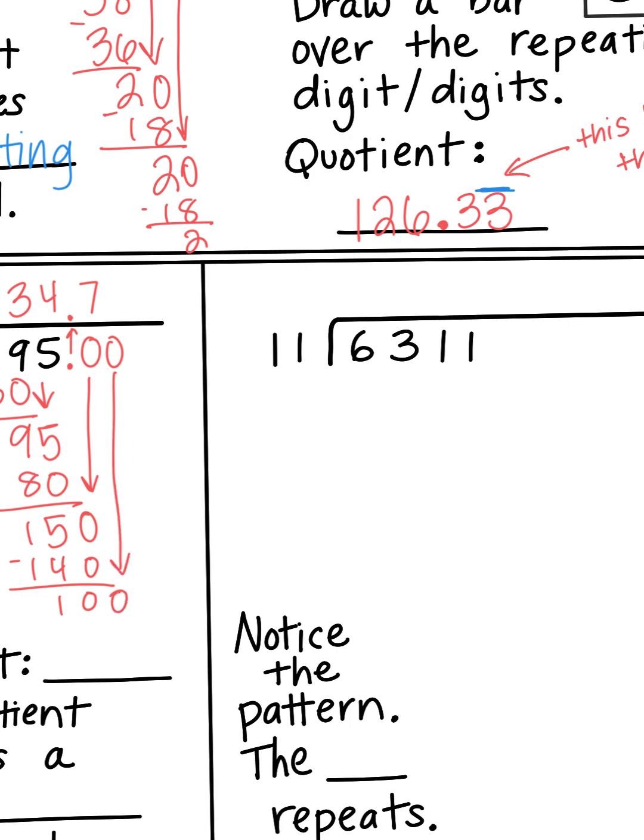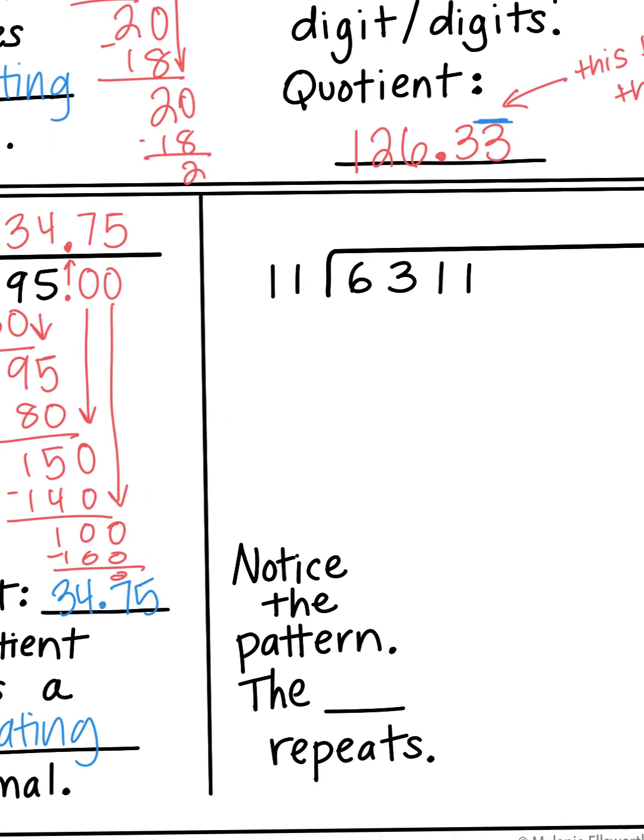And how many times does 20 go into 100? 5. Which is exactly 100. So my quotient is 34 and 75 hundredths. This is what we call a terminating decimal because it stops, it ends. If something terminates, it ends. It is over.